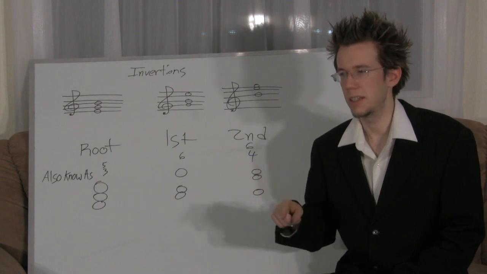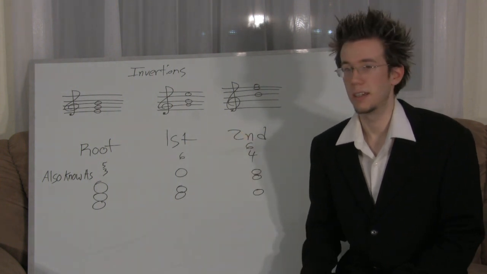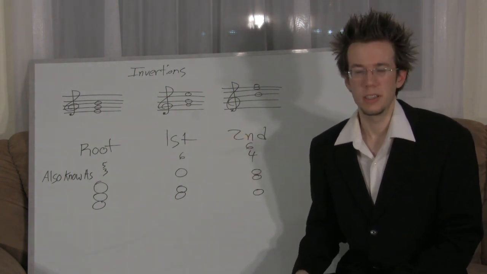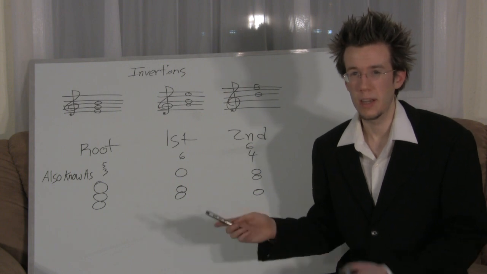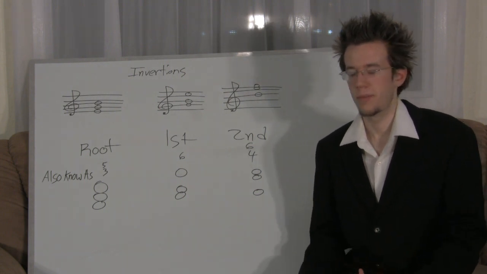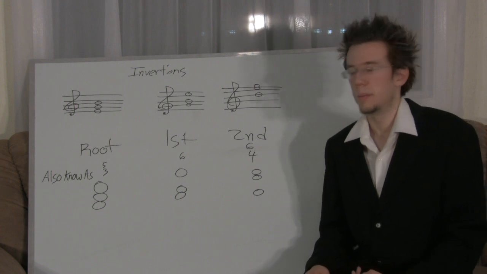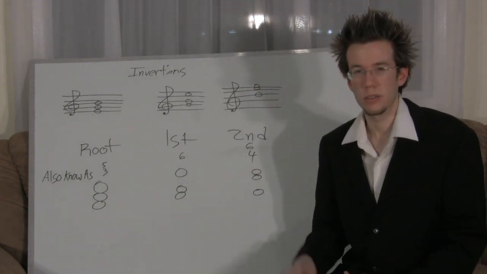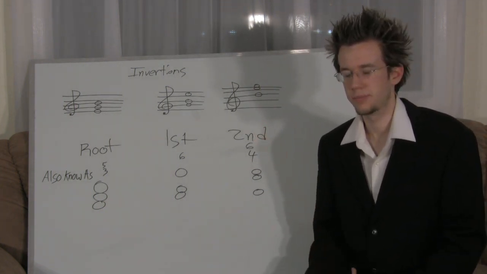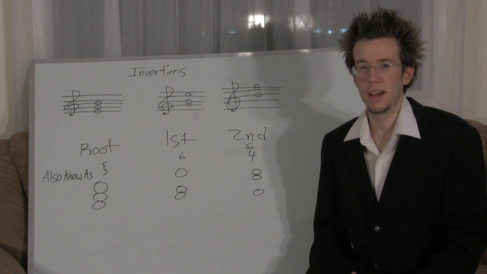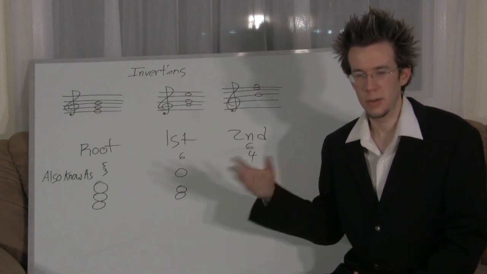Like for C, E, G, you could go E, G, C, or you could go G, C, E. So there's different ways that you can organize those notes. So basically what inversions are is there's 3 different patterns, and you'll be using them in chord stuff later on.